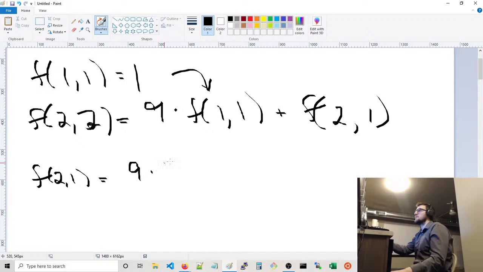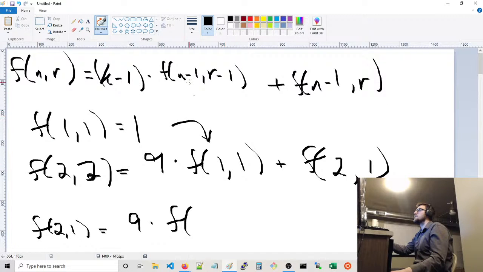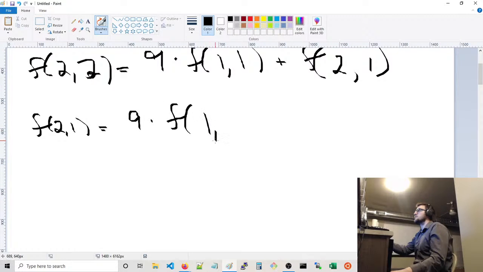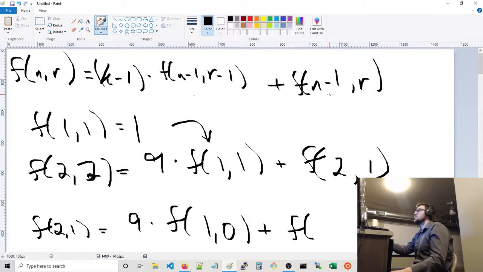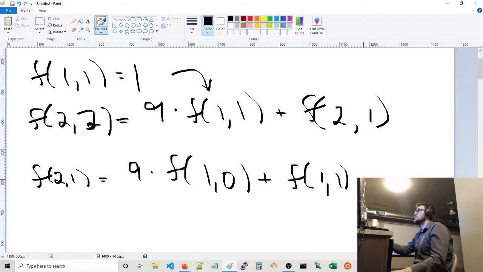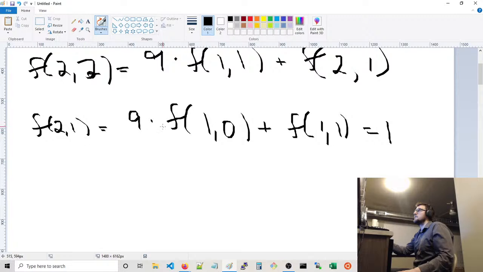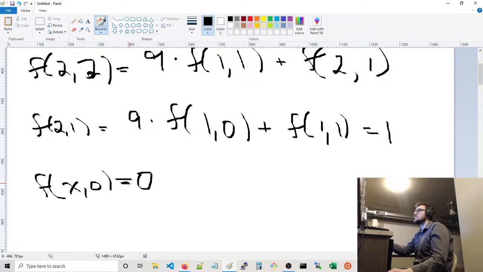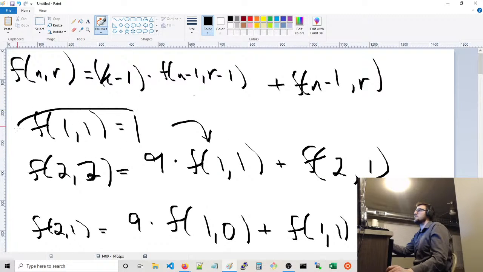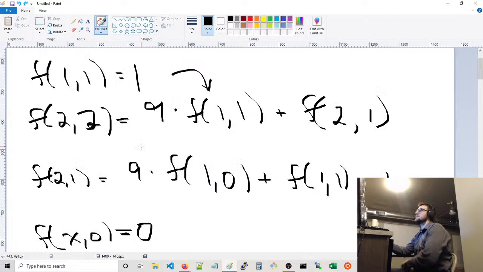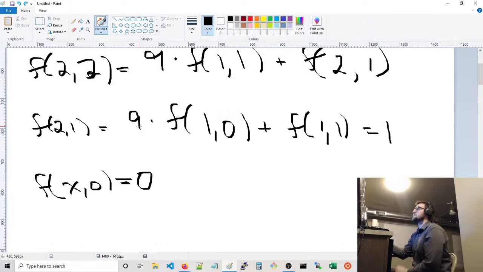That's 9 times f of 1, 0 plus f of 1, 1, which is 1. Which should give you 10. And I want to say f of x, 0 is just 0. Right, that seems to be sufficient. So we can say f of 1, 1 is 1, f of x, 0 is 0, and we should be able to get everything else from there.